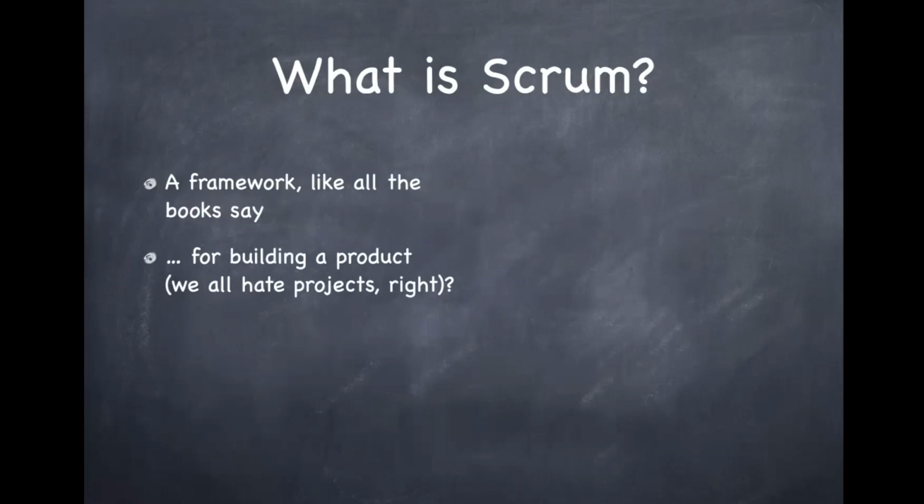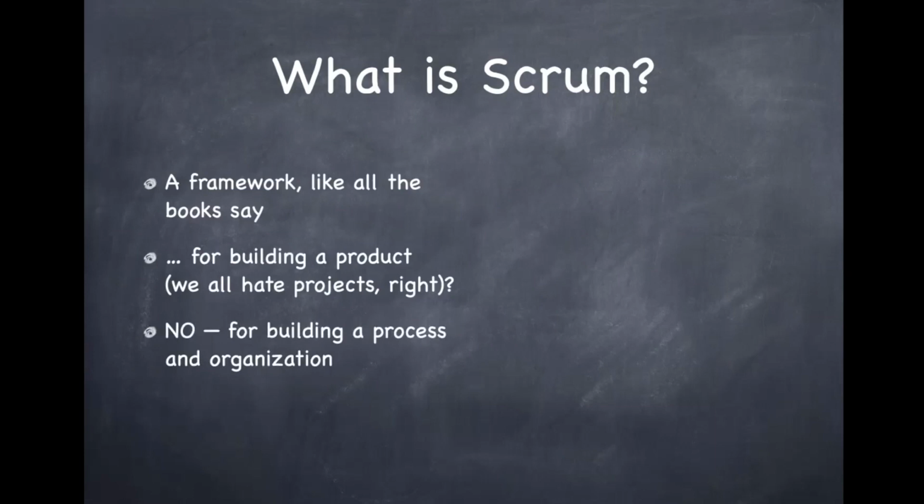Absolutely nothing. What Scrum tells us is how to build a process and how to build an organization. And that process and that organization build the product. So what we're building here is a process and organization. The Japanese say, build the right process, you'll build the right product. And that's what Scrum is.